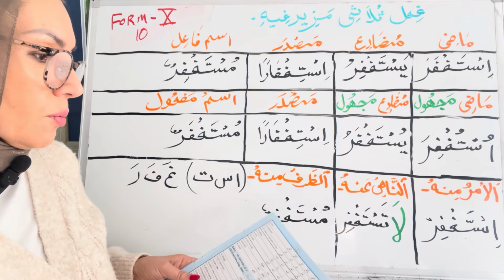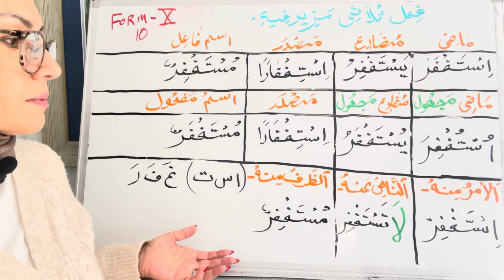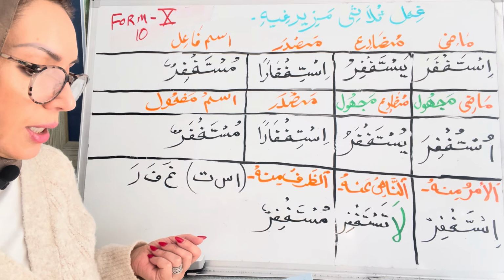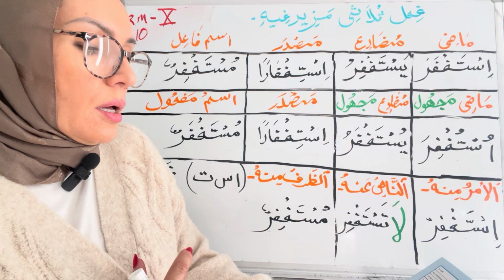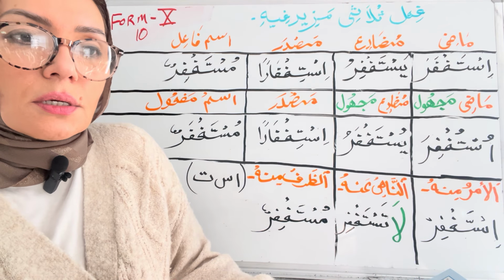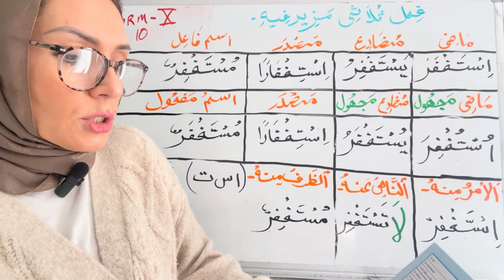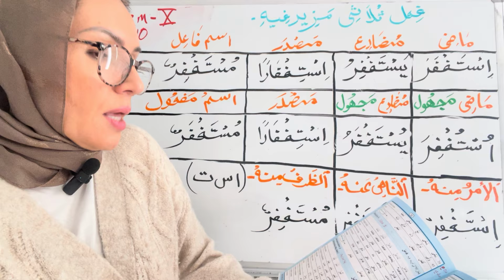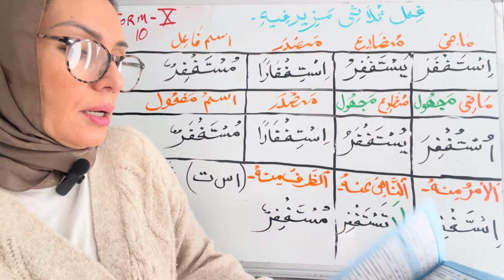So now, alhamdulillah, we've covered all of these up to form 10. In the next lesson, what I need to do is go back and focus on the verbs that are repeated in the Quran, which we have a list of here. We're going to do each one of those in the form that they appear in the Quran.